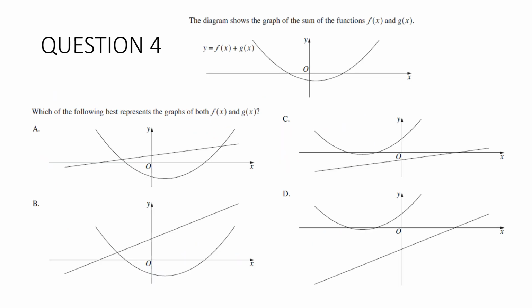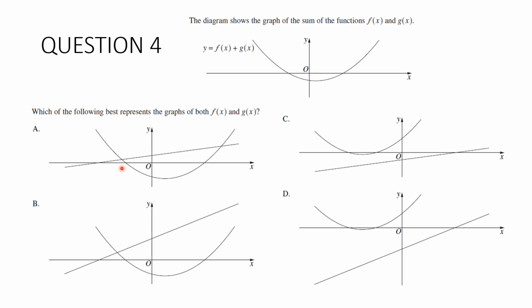Question 4. The diagram shows the graph of the sum of the functions f(x) and g(x). So that's here. Which of the following best represents the graphs of both f(x) and g(x)? So this is just a matter of elimination. So let's start with A. Now what we're looking for is the sum of these two graphs to match this.